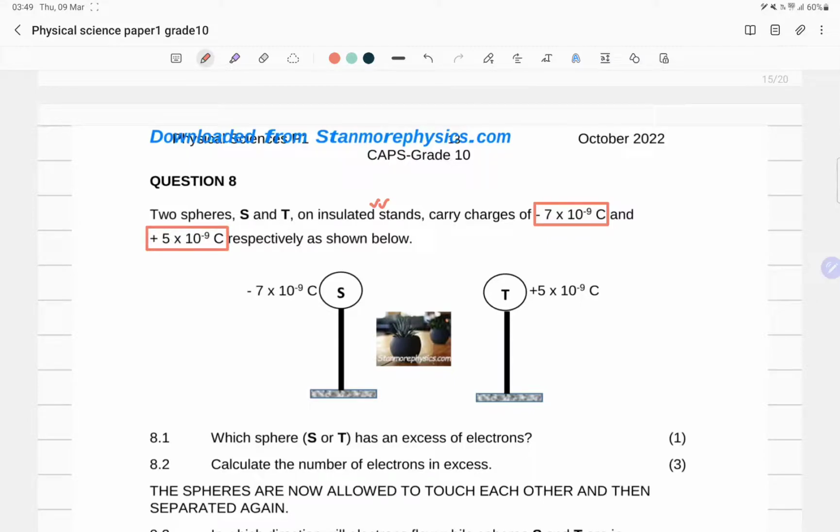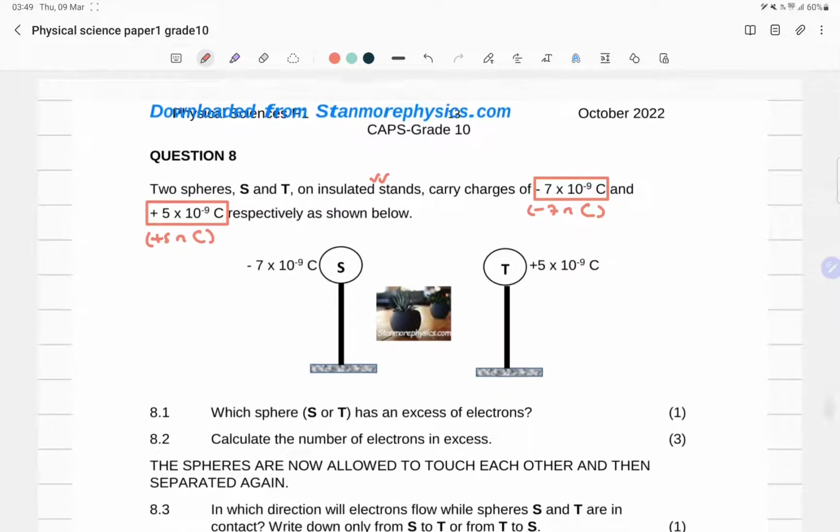So basically this is what we call -7 nanocoulomb. This is +5 nanocoulomb. Nano means times 10 to exponent -9. But anyway, you will know these things when you're doing grade 12. You need to know them, please.